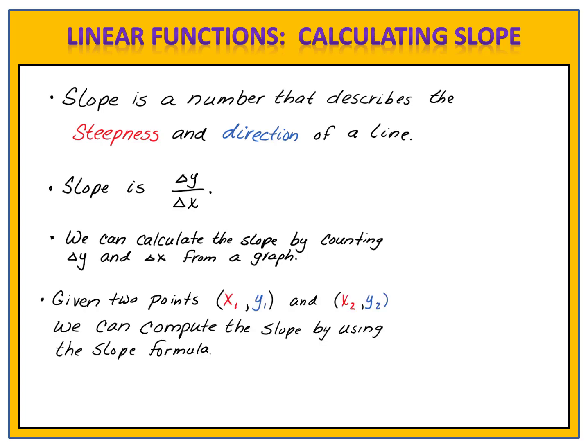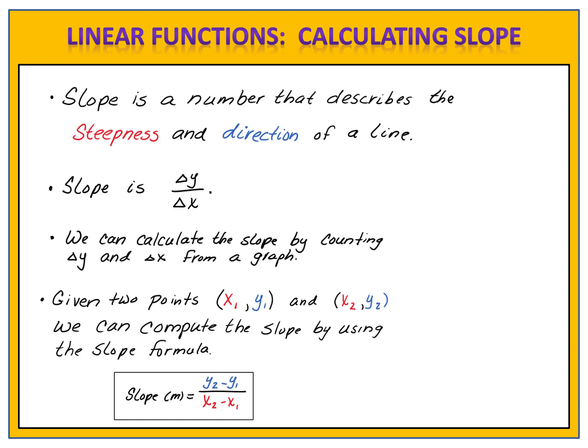We can take any 2 points from the line. We'll call those points x1, y1, which represents the first x and y pair, and x2, y2, which represents the second x and y pair, and we can use the slope formula in order to determine the slope. The slope formula is m equals y2 minus y1 over x2 minus x1.